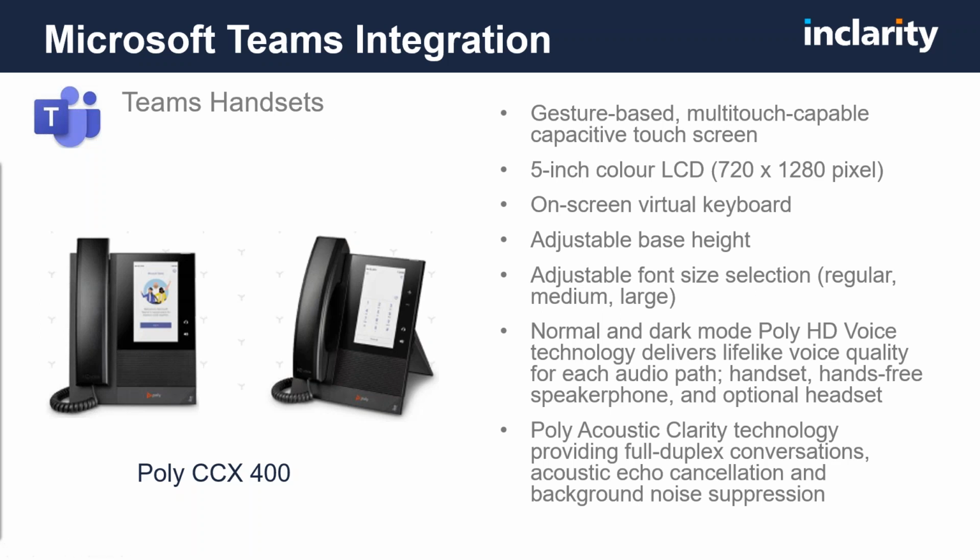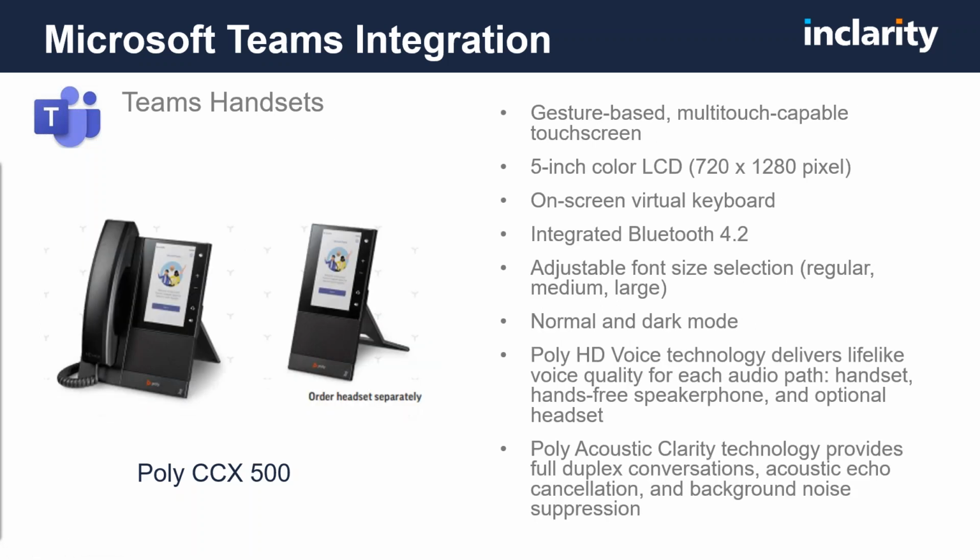We also have available to us the CCX 500. This is your mid-tier range, and this is where things get a little bit more customizable, so to speak. So this comes in a variety of options. The first thing to note is these devices have got integrated Bluetooth. So you can have Bluetooth enabled devices with them.